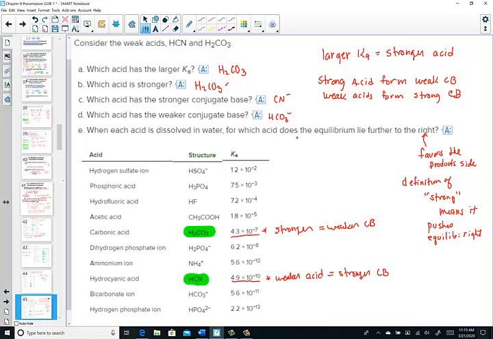So the stronger the acid, which was our H2CO3, it's the bigger Ka. It means it's lying on the right side of the equilibrium more so than an HCN. Let me model what that means in a visual. H2CO3, when in water, forms a dynamic equilibrium that's going to favor the right side more so than what HCN would be able to do.